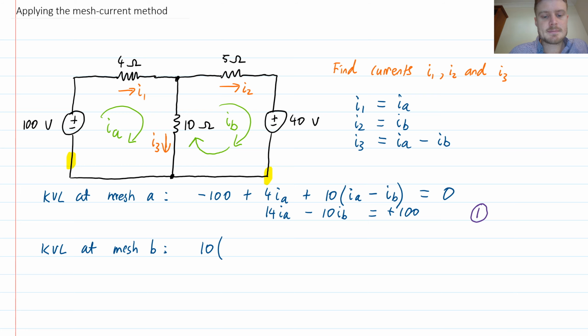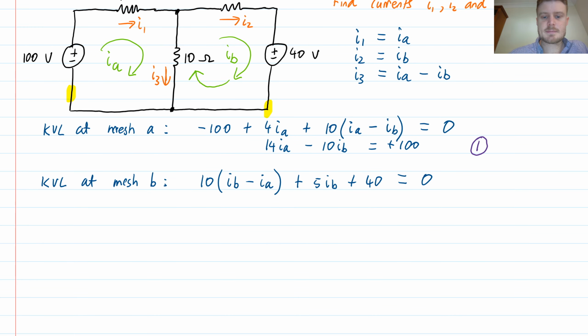Ohm's law here tells me I will have 10 ohms multiplied by the current. The current in my direction of travel will be IB minus IA, because the meshes are opposite with respect to this resistor. The next component I encounter is a 5 ohm resistor, so that is 5 times IB. Then the positive terminal of that 40 volt source. Now I'm back to where I started, so that is equal to 0.